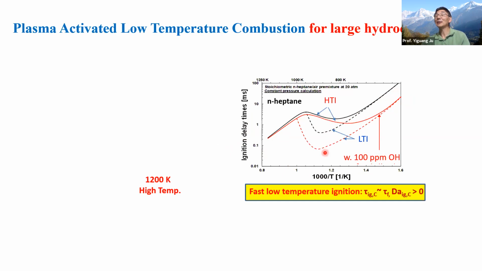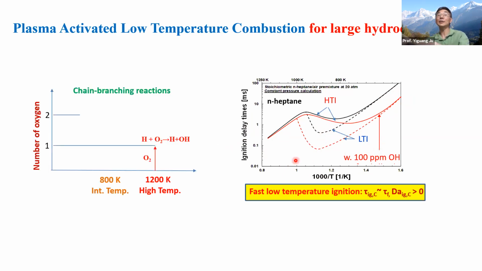At the intermediate temperature, you can see from the solid lines that the low temperature ignition is going to be dramatically accelerated by this OH production. So what does it mean? It means that, to review again, at high temperature above 1200 Kelvin or 1100 Kelvin.